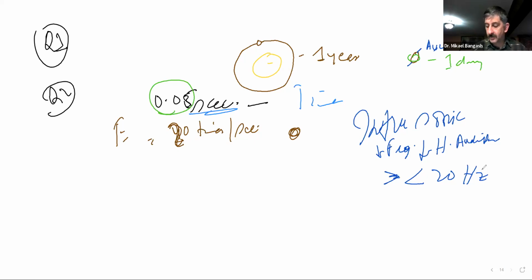Clear? So 4 megahertz is greater than 20 hertz. 400 kilohertz is also greater than 20 hertz. 28 hertz is also greater than 20 hertz. Everybody should agree that 28 is a number that's greater than 20. So the only one that's less than 20 is 2 hertz.